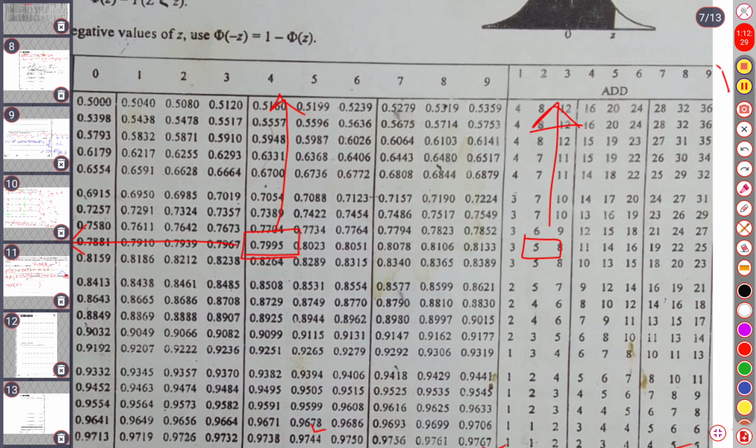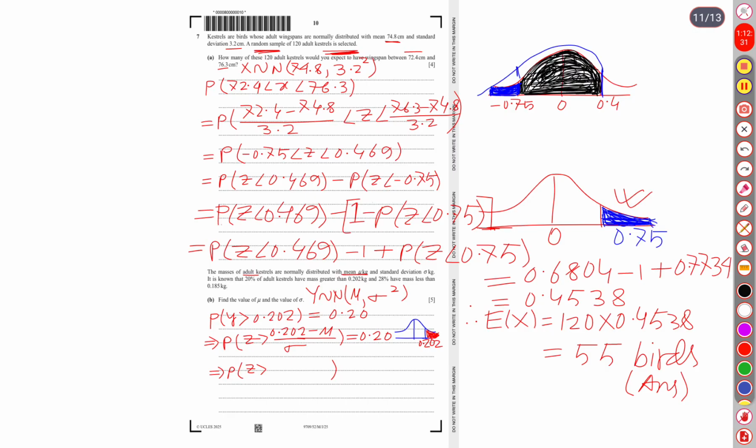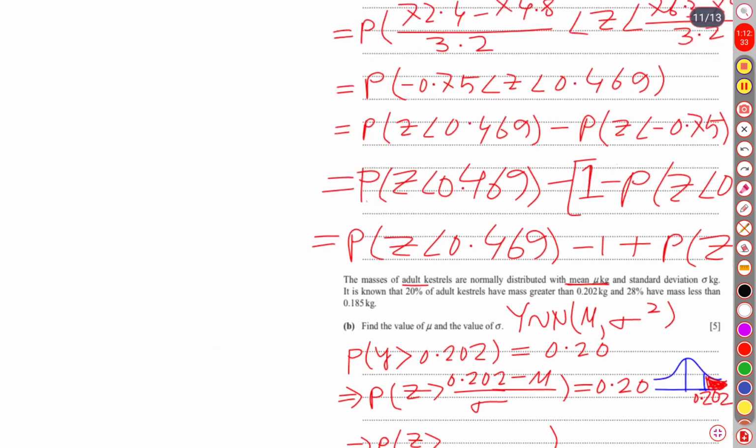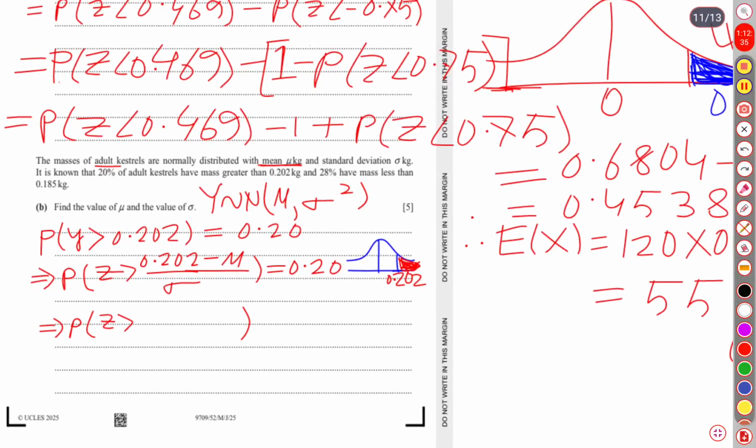So let us write this: 0.842. Over here we will write our z score when the probability is 0.8.